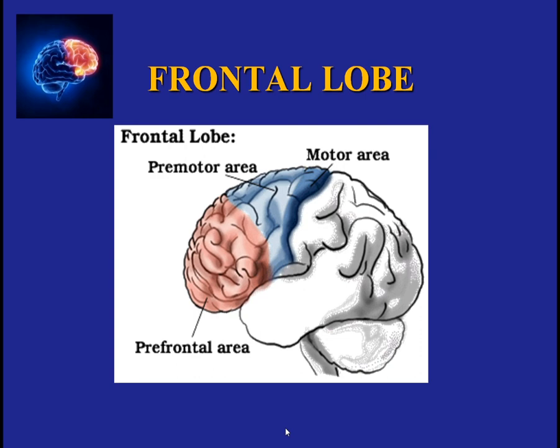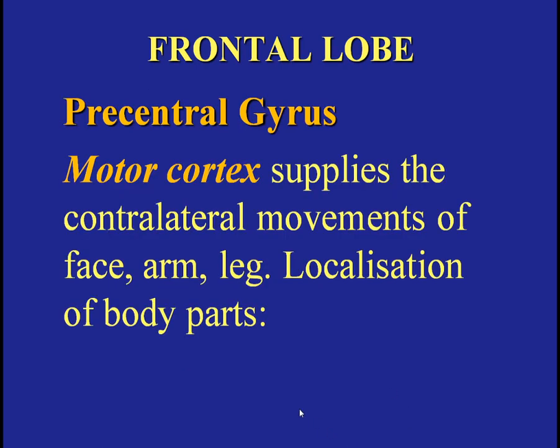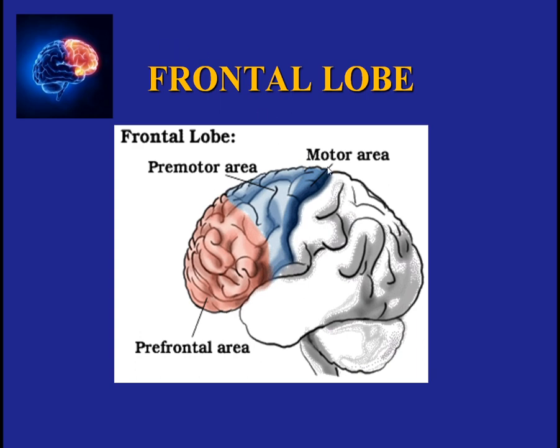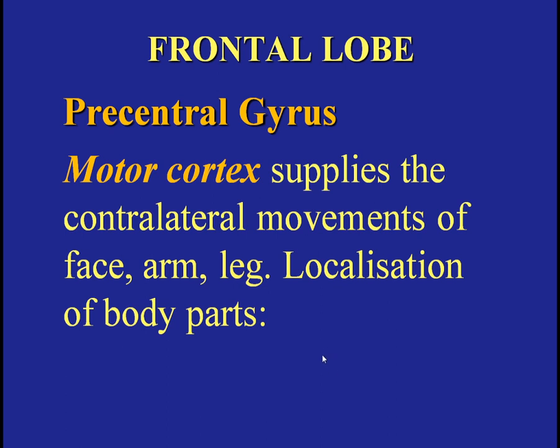The first lobe, we are discussing the frontal lobe. Precentral gyrus. This is location of the precentral gyrus, just in front of the sulcus rolandi or sulcus centrale. Motor cortex supplies the contralateral movements of face, arm, leg.